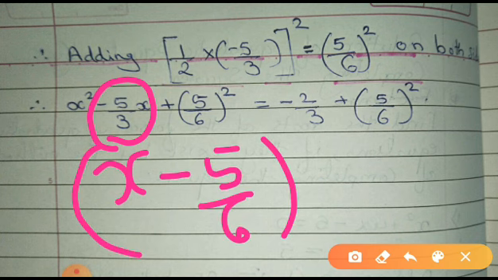Don't think about whether it is of the form 2ab. It will be of the form 2ab. If you need, you can just check, but don't waste time while writing your exams. So directly I can write x minus 5 by 6 the whole square equal to, simplify this one.